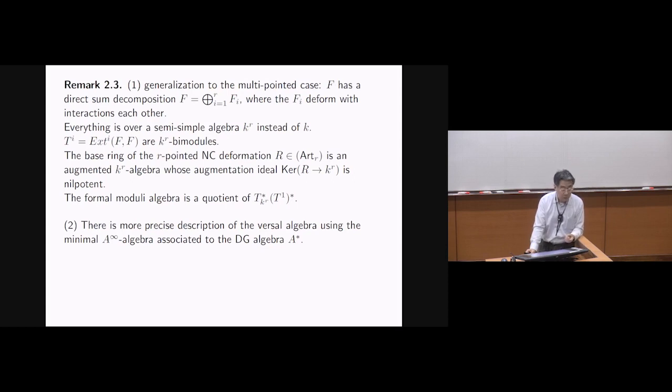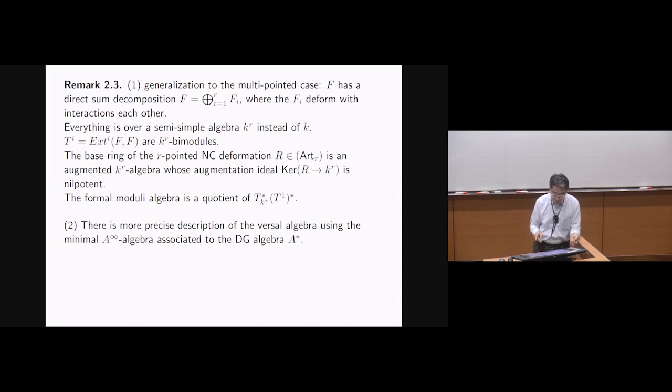So there are some interactions between the components. So in this case, the extension modules are bimodules over the base ring. Yeah, and also the base ring of the deformation is an augmented K^r ring.